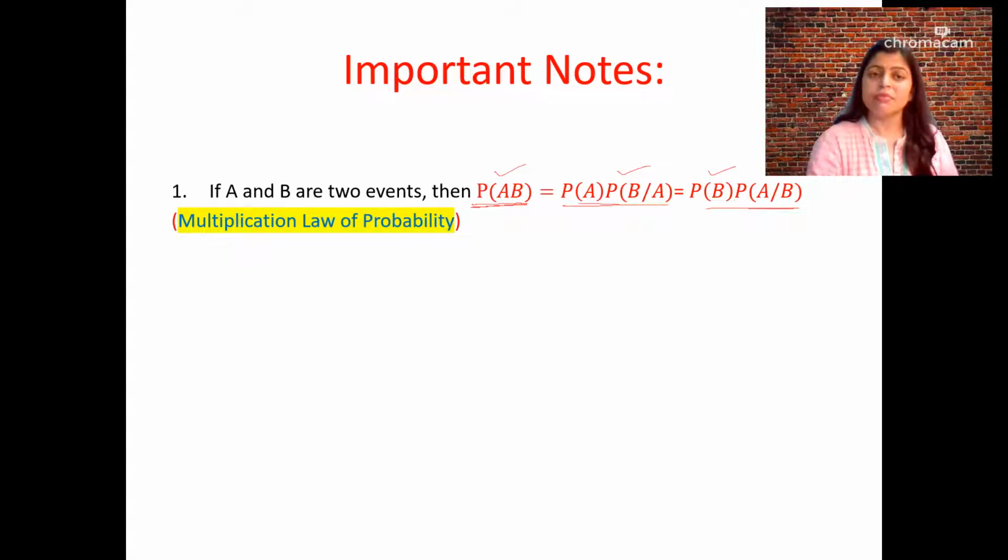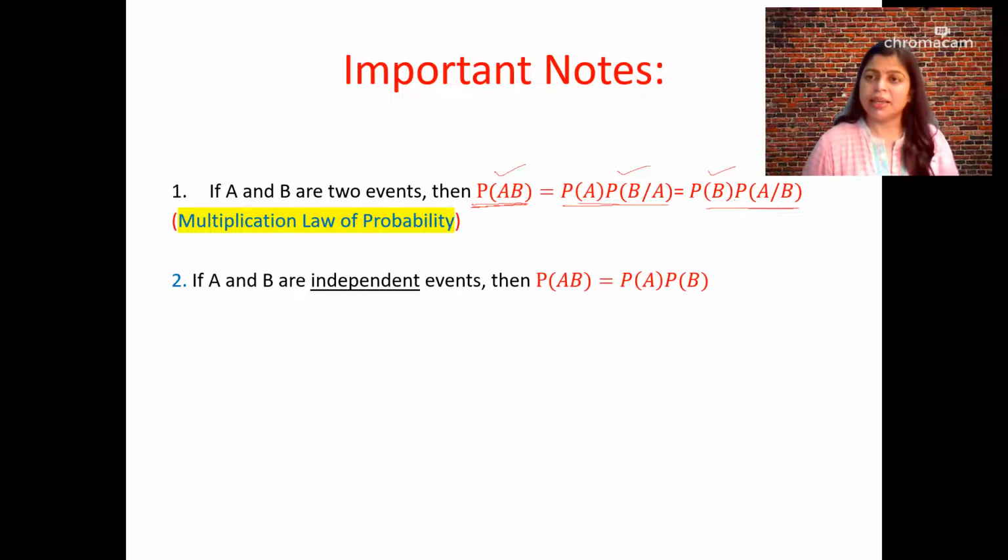The second main thing to keep in mind: if these two events are independent, then this formula becomes simpler. The simultaneous occurrence of events A and B, the probability of AB, would be equivalent to the probability of A times the probability of B only.